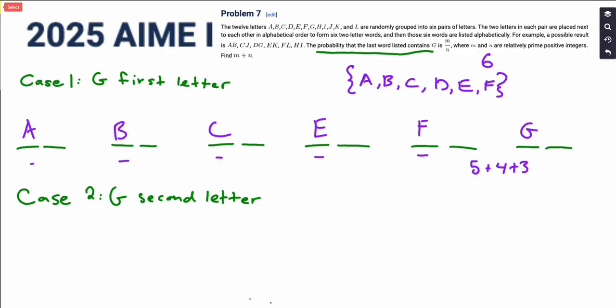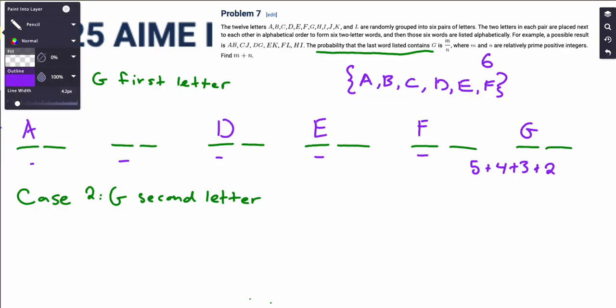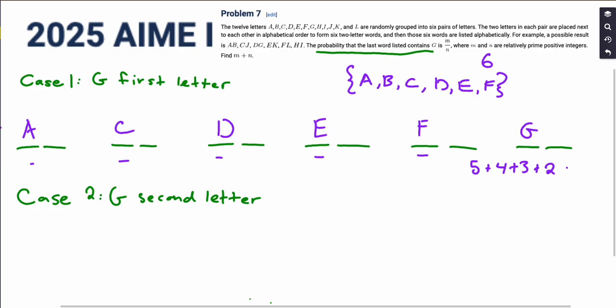Similarly, if we leave C out, then C can only go after B or A, giving it 2 choices. And finally, if we leave B out, B can only go after A. So that gives it 1 choice. And obviously, we cannot leave A out because that would mean B is here, and A can't go after any of these letters.